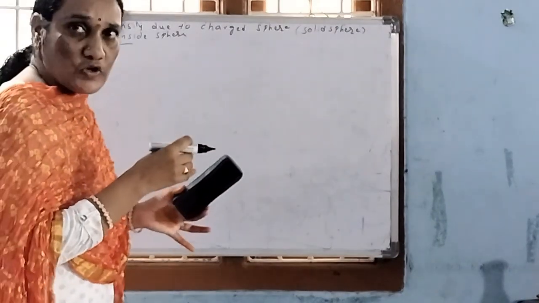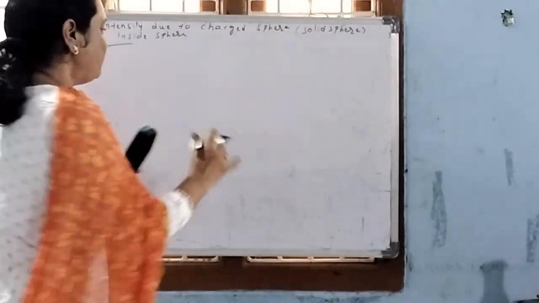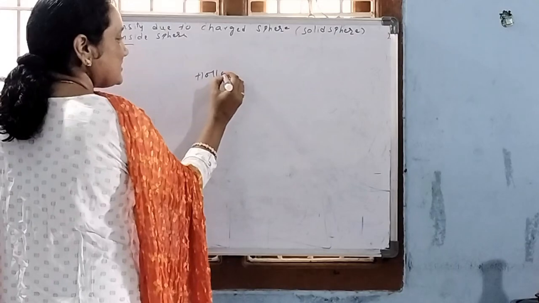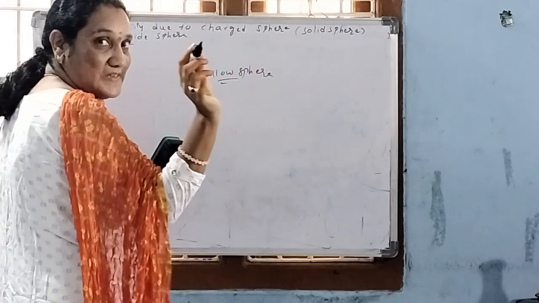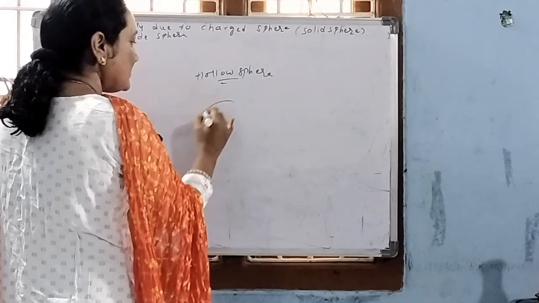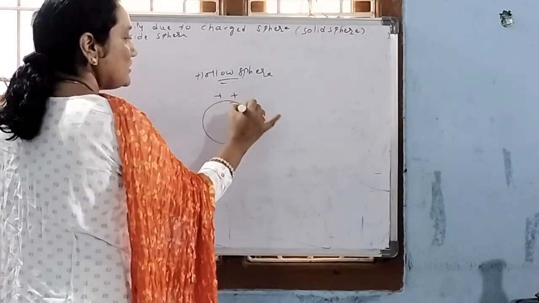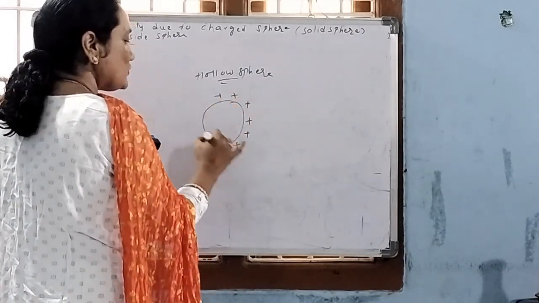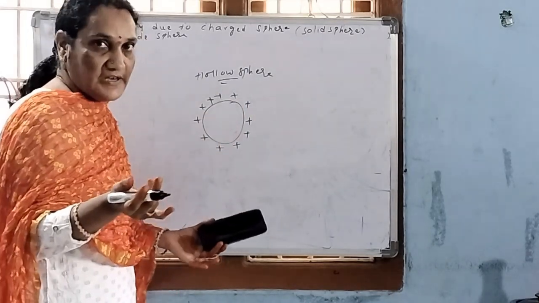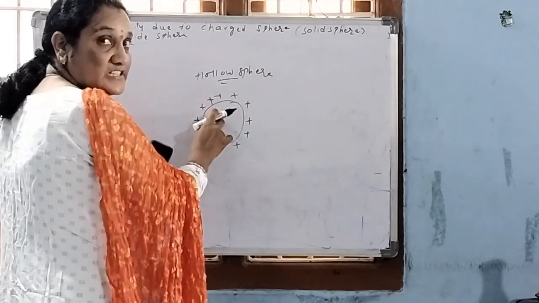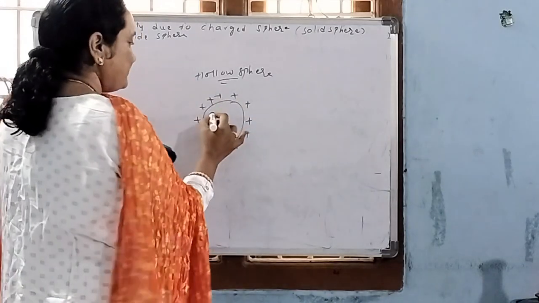Now, if it is a hollow sphere, no issue. In the case of hollow spheres, easily we can say, what happens? The total charge resides on the surface of the sphere. And inside the sphere, there will be no charge.